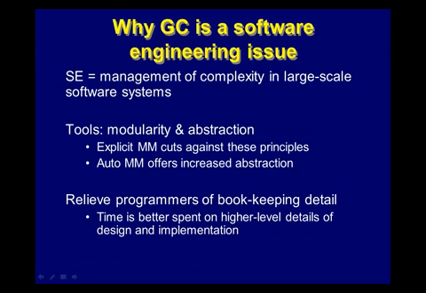The next part is why GC is a software engineering issue. That is, why are we using garbage collection, and what is the main motto of using it as a software engineering matter? Software engineering means the management of complexity in a large scale software system.